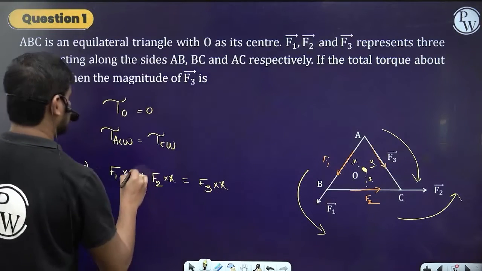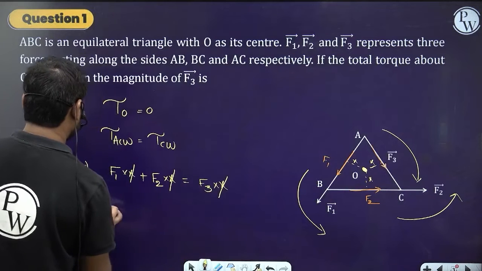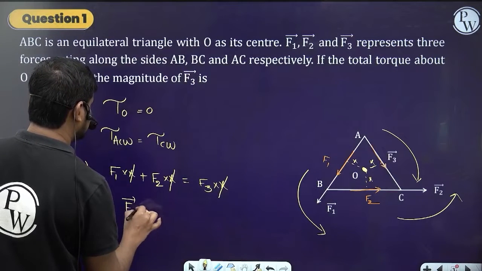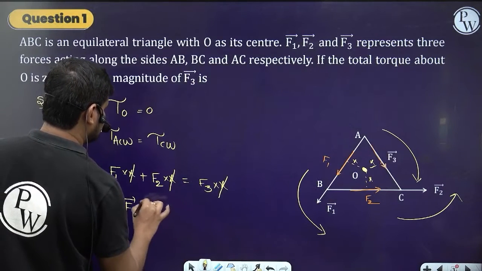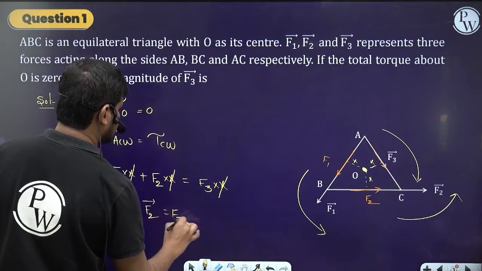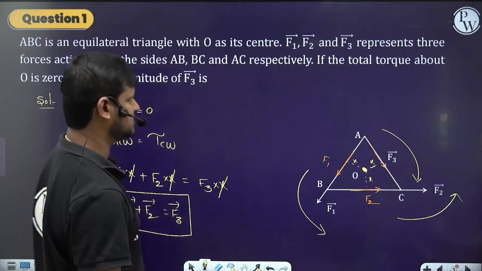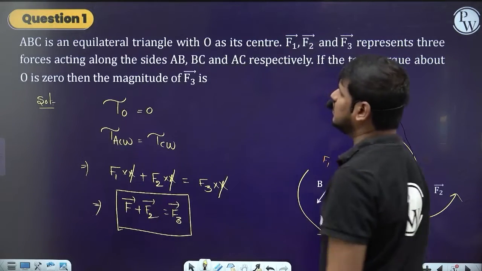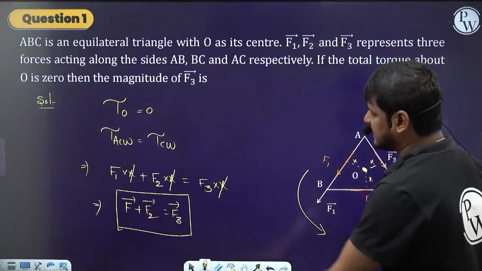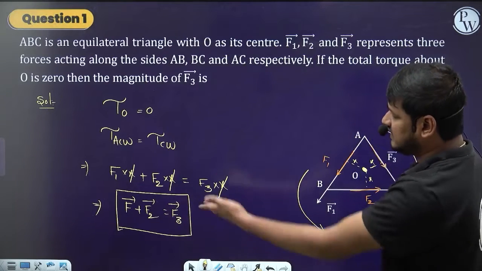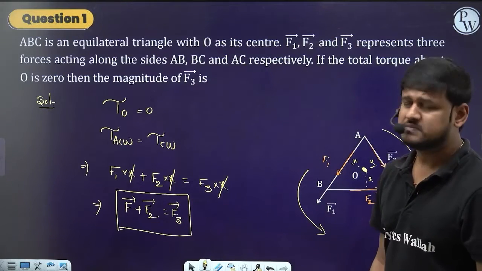So I can cancel X, X, X. Therefore F1 plus F2 is equal to F3. This is the relation between the 3 given forces. Simple question. The magnitude of F3 they are asking will be the magnitude of F1 plus the magnitude of F2.